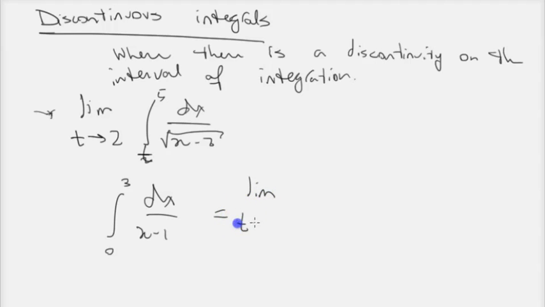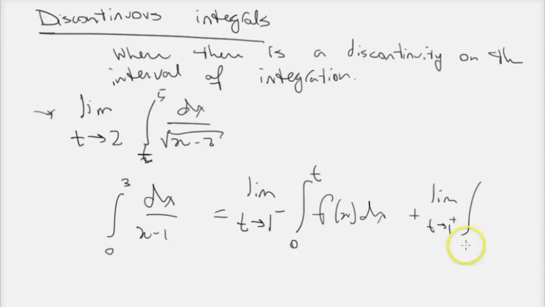So we can write it as the limit as t approaches 1 from the negative side, we go 0 to t, because we're integrating from 0, you go a third, we go a half, we go 2/3, and then we're going to get to 1 eventually, but we're coming from the negative side, so you have to add that negative in there, of the same function, and then you add to that the limit as you approach 1 from the positive side, and you're going to get the integral between t and 3 of the function, because we never actually get to 1, but we're only getting up to the positive side of 1.